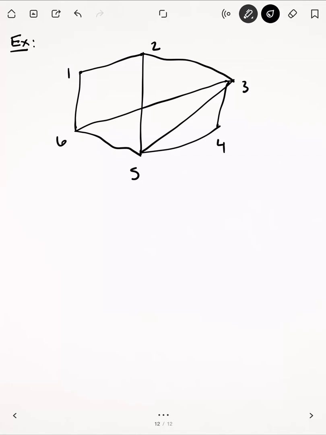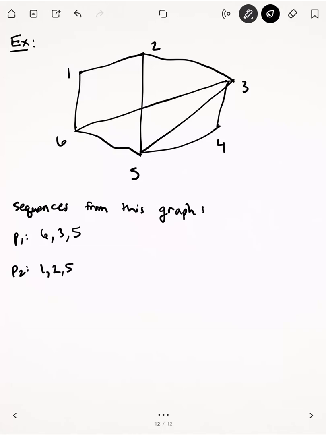So here are some sequences from this graph. For example, P1 could be 6, 3, 5. P2 could be 1, 2, 5, 6, 4, 3.